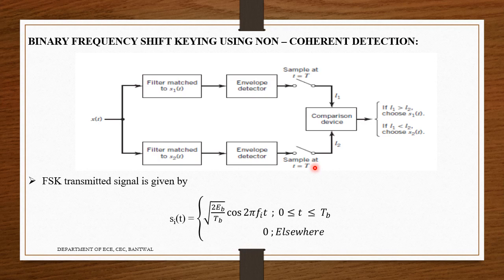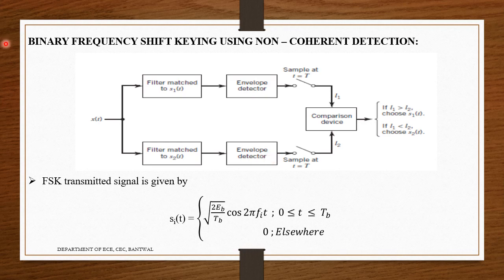What is the time interval given there? It is the same time interval. It is comparing L1 and L2. If L1 is greater than L2, we choose S1 of t. If L2 is greater than L1, then we choose S2 of t. Here one confusion arises: how will it work?